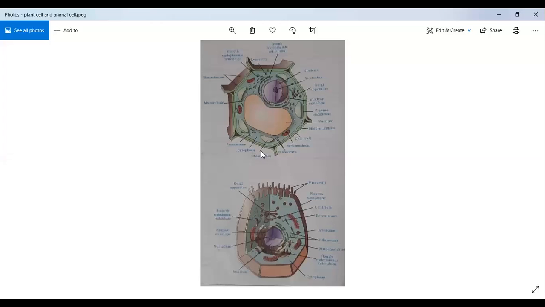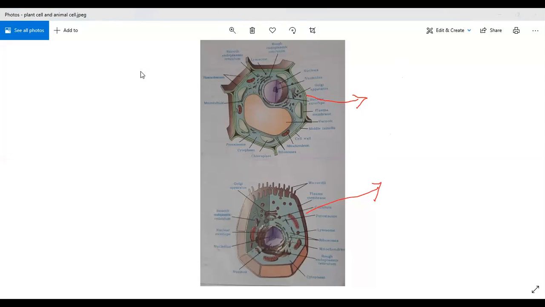Now you see here, we have two cells, a plant cell and an animal cell. This is the plant cell and this is an animal cell. A plant cell and animal cell differ in their characters even though both come under the eukaryotic cells.